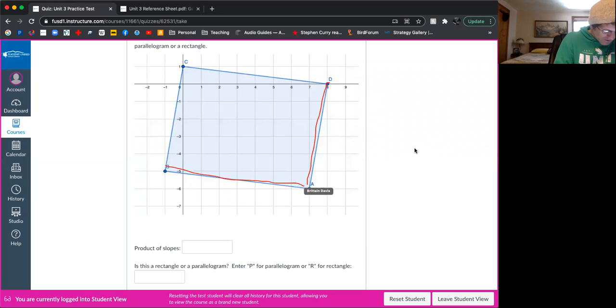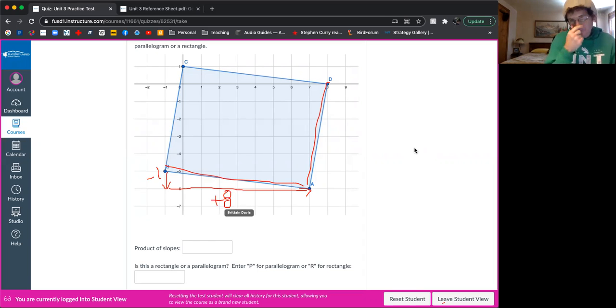So let me find the slope from B to A. It's going to be down 1. So that's -1 right there in the y direction. And then to the right, what is that? That's right 8. So that's +8 in the x direction.